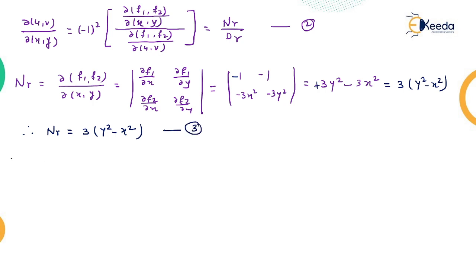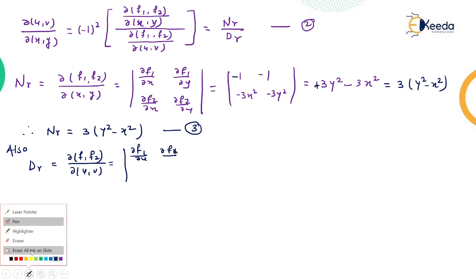Now the denominator is ∂(f1,f2)/∂(u,v). This is a 2 by 2 determinant: ∂f1/∂u, ∂f1/∂v in the first row, and similarly in the second row ∂f2/∂u and ∂f2/∂v. I am writing very clearly, guys.